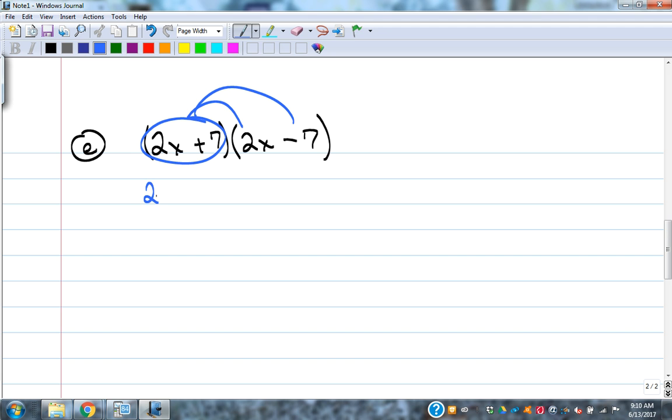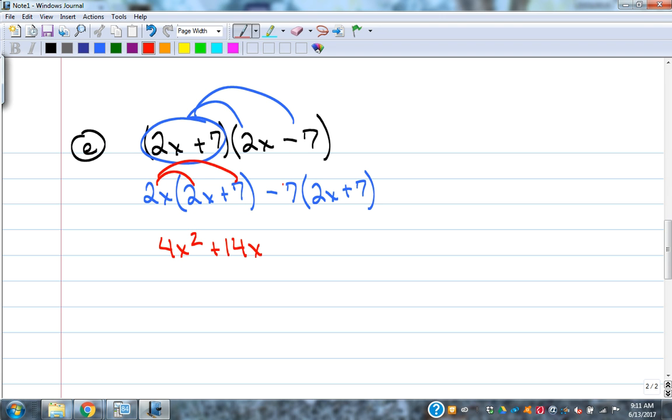So that's going to be 2x times 2x plus 7, then a minus 7 times 2x plus 7. I'm taking that front piece, distributing it to all of the pieces on the inside, and then distributing from there again. So 2x times 2x, 2x times 7.